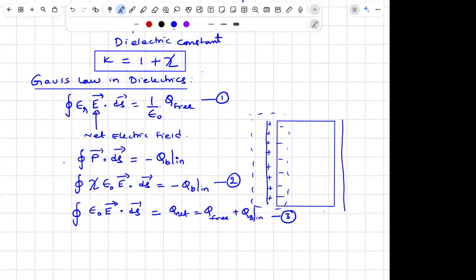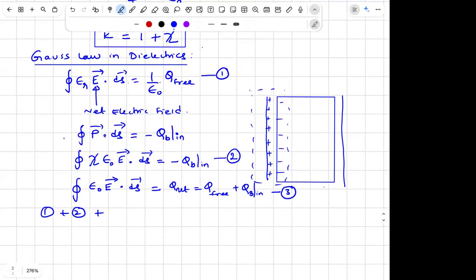Now you take the sum, 1 plus 2, all these things. Trust me, you will get the same. Finally, what you will get is dielectric constant, epsilon r, into E bar dot ds bar is Q free by epsilon naught.